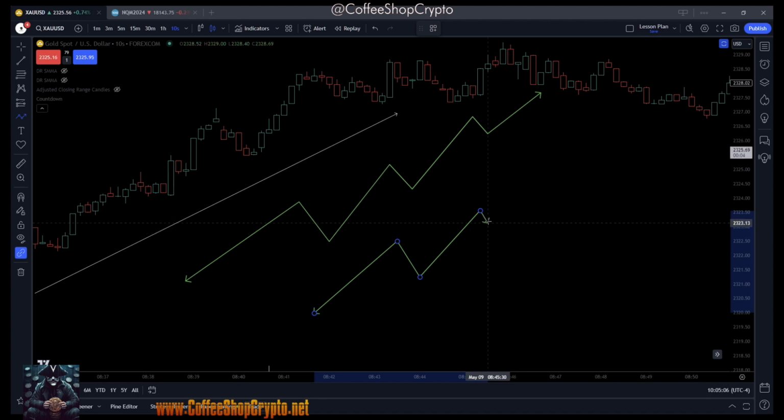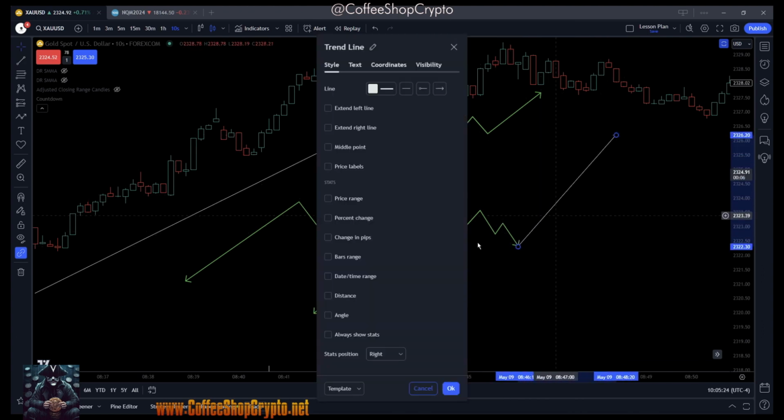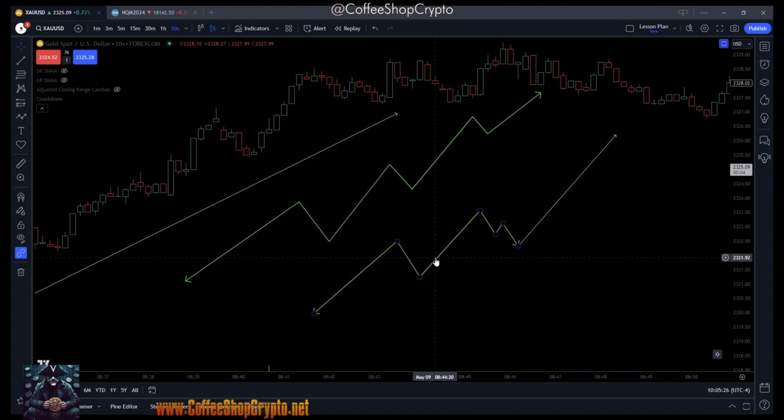In the pullback, you'll see this take place, and then it will break this previous low and keep moving down. It'll give you the rest of that wave, and then the price will continue moving on. We're talking about looking backwards at the uptrend. You're in an uptrend, looking backwards at the pullback.